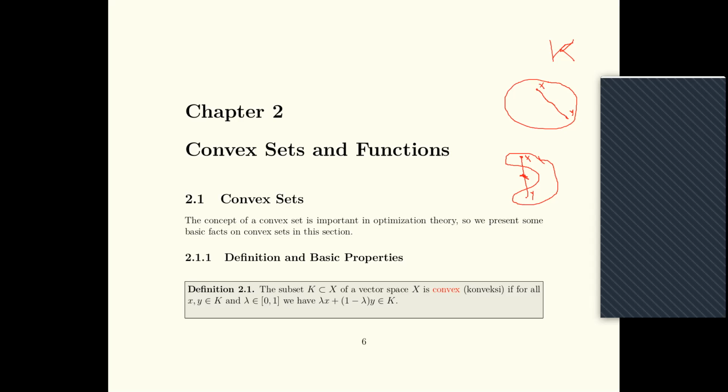So you see that as lambda ranges from 0 to 1, this combination is some point between X and Y, just like along this straight line. And if all those points are in my set, regardless of which X and Y I pick, then the set is convex. So that's the meaning of convexity here. We'll be discussing convexity a little bit more today.